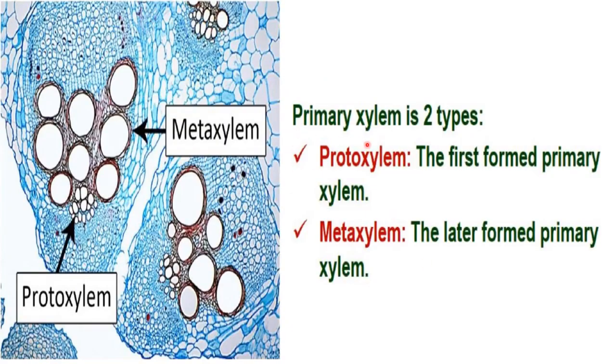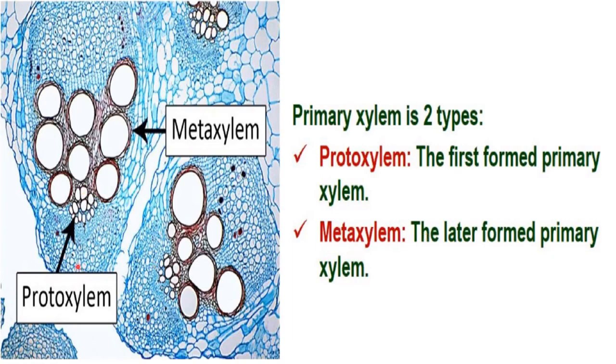Now, primary xylem is of two types. Primary xylem means the xylem which appears in the early life stage of the plant. Xylem which appears in a later life stage, at the time of secondary growth of the plant, is called secondary xylem. About that you will study later in this chapter. For now, primary xylem appears in the early life cycle of the plant, and it is of two types, protoxylem and metaxylem.